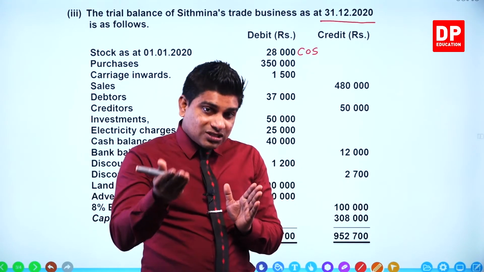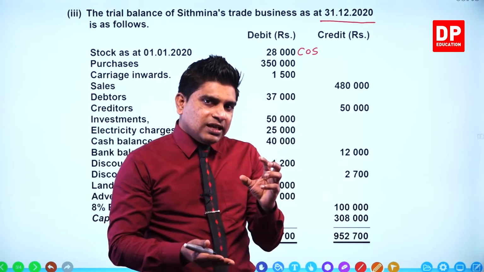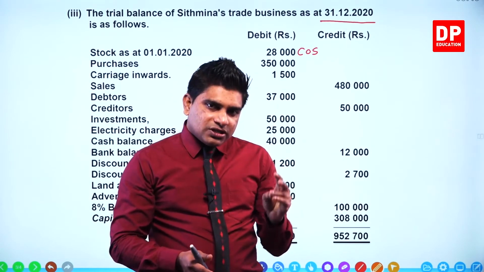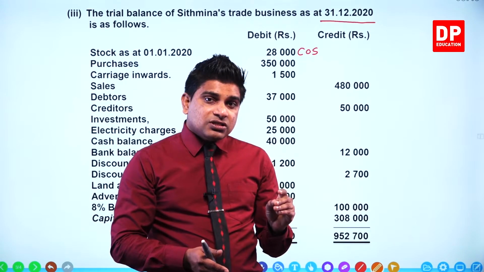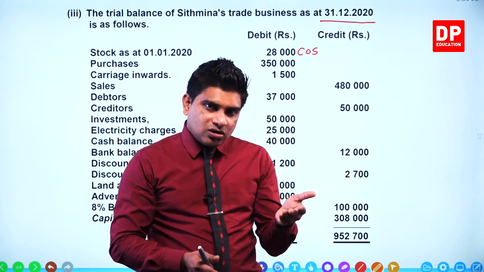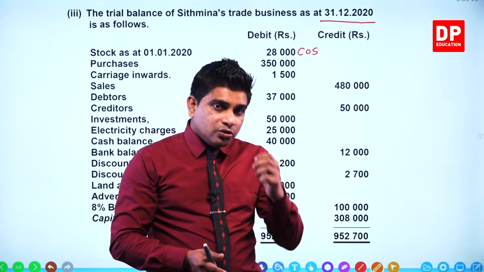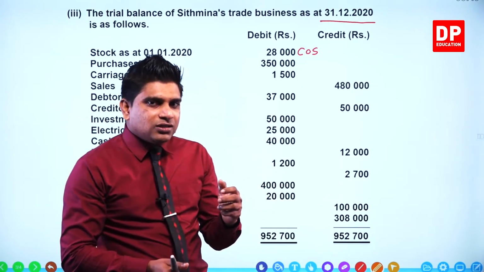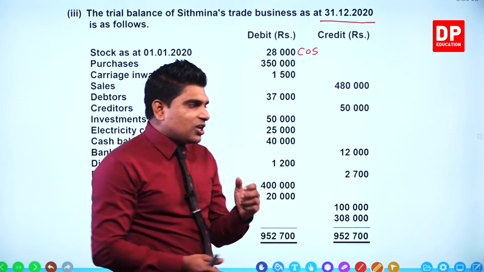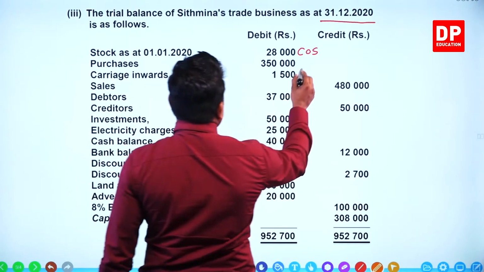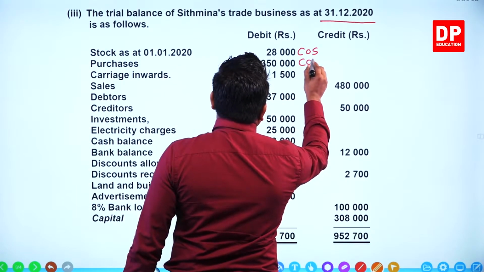There you can see the cost of sales. So opening stock, purchase and purchase related expenses, and also closing stock we use to calculate cost of sales. Then purchase also we take to calculate cost of sales.